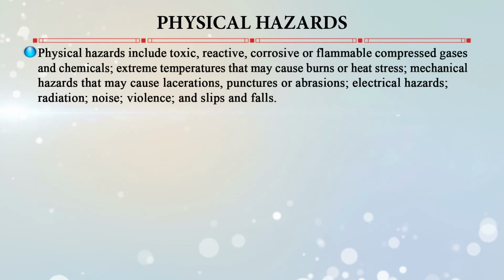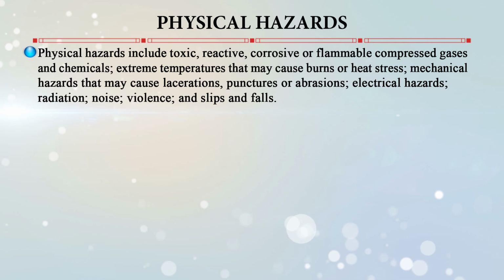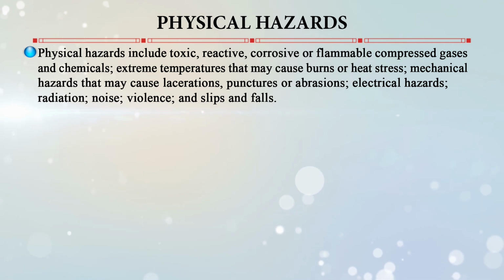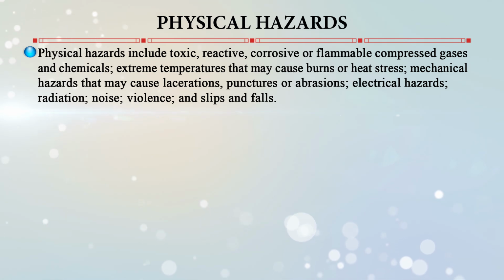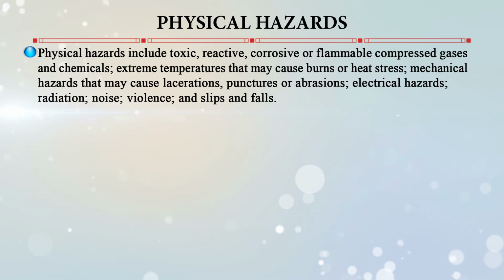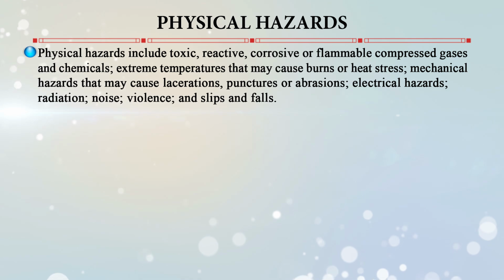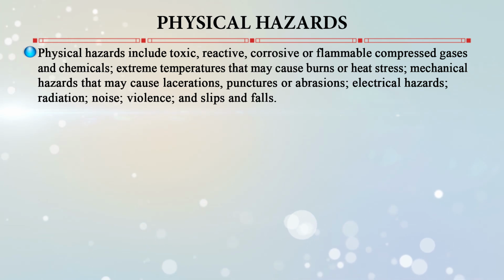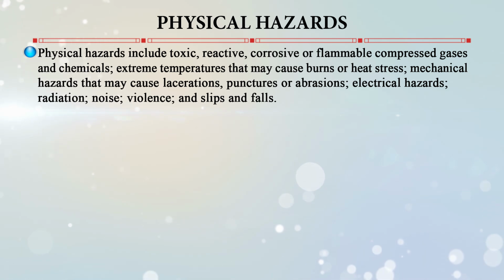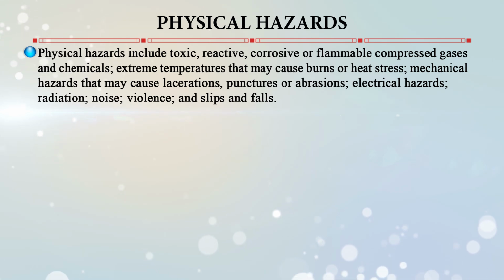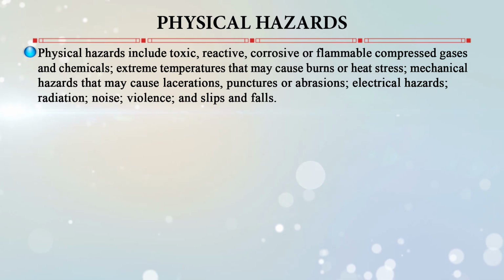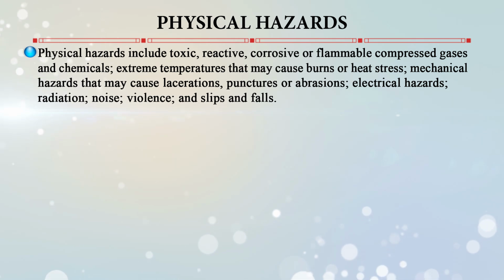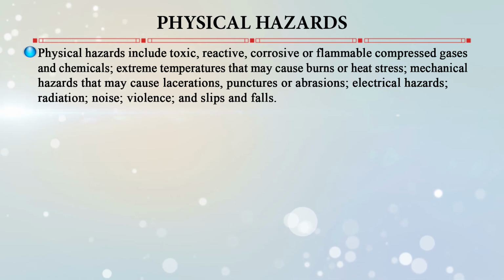And some other physical hazards are toxic, reactive, corrosive and flammable compressed gases and chemicals, and high temperatures that definitely cause burns or heat stress. And mechanical hazards are also there, they will cause lacerations, punctures or abrasions, and electrical hazards like radiation and sometimes noise, violence and also slips and falls.